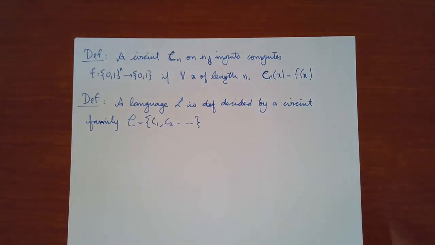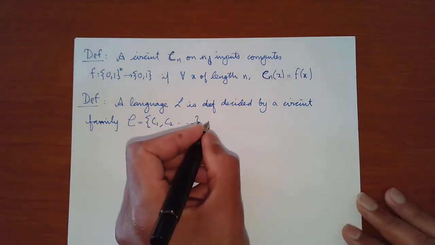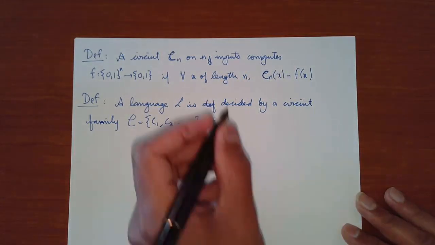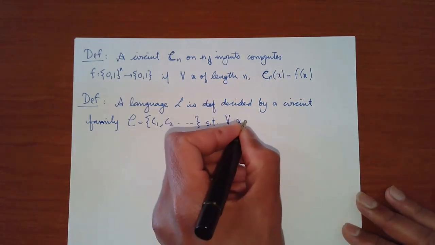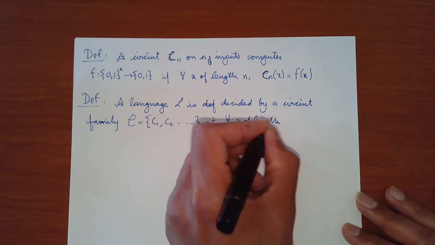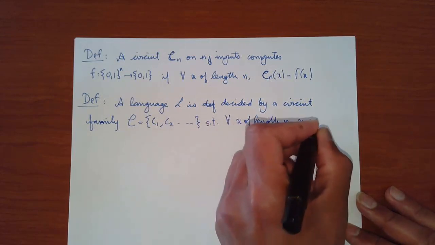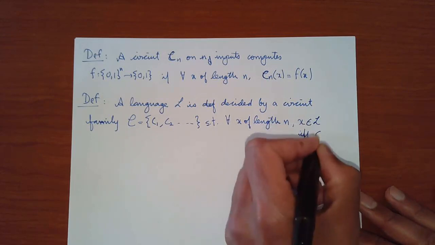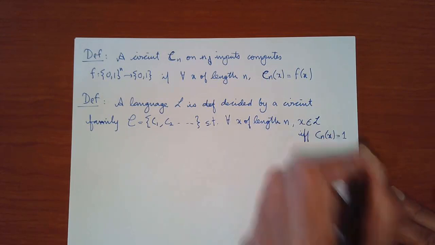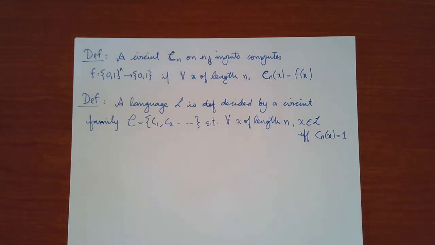It's just an infinite set of circuits, such that for all x of length n, x is in L if and only if, sort of the obvious, C_n of x is 1. Right? So this is called a circuit family. Does this make sense? What a circuit family is?